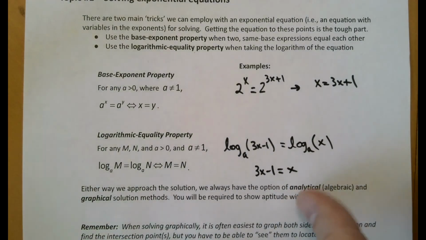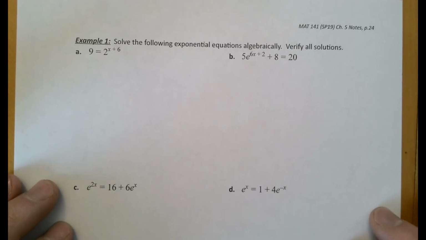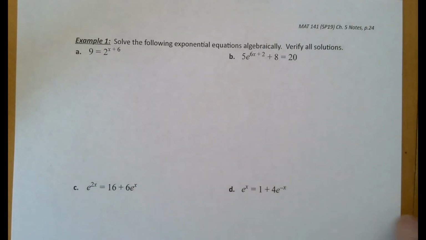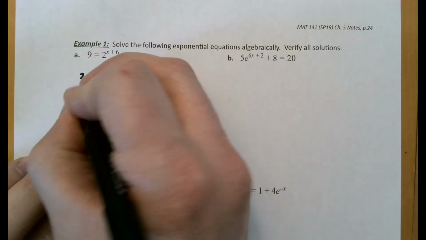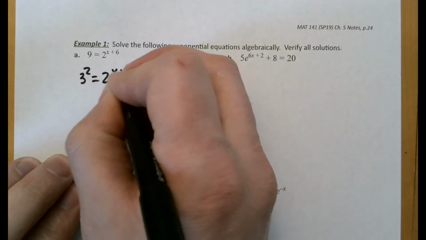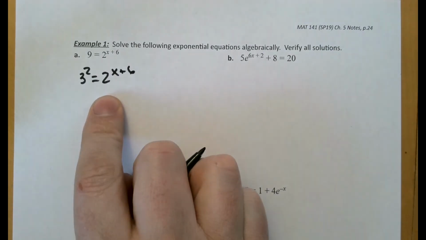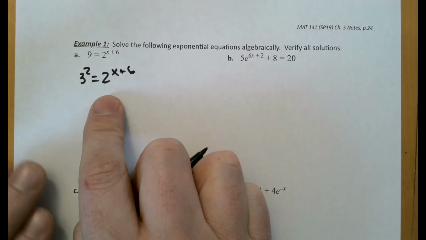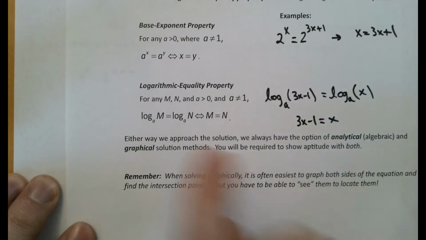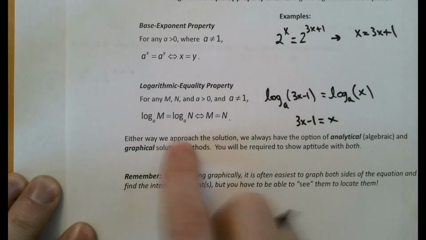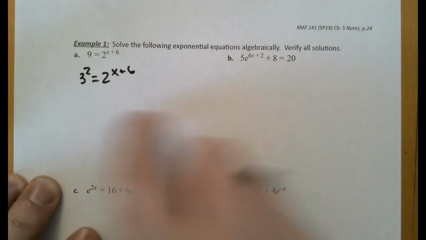Okay, so here are a couple examples of solving exponential equations. The problem with this one is that it's impossible to rewrite the left side so that it has the same base as the right side. So we use the logarithmic equality right here coupled with properties of logarithms to solve this.